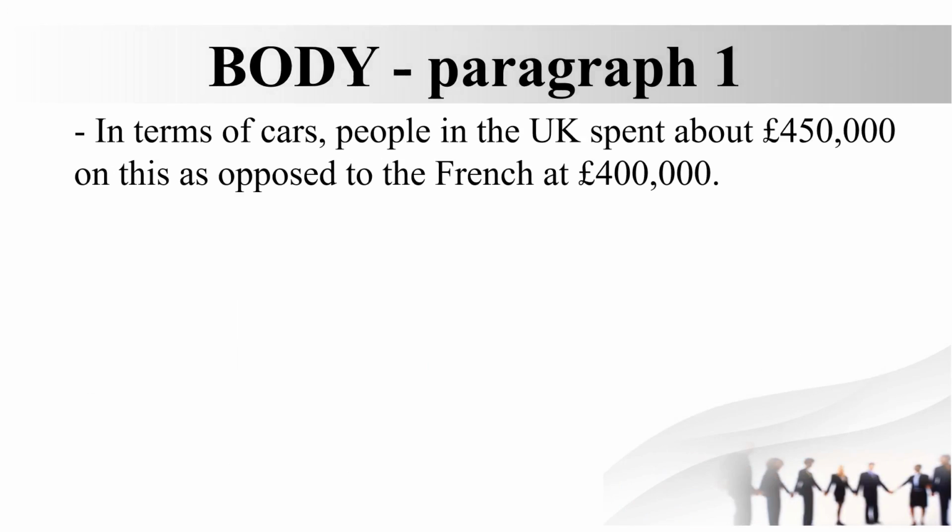So we have the first statement like this: In this term, of course, people in the UK spend about 450,000 pounds sterling on this as opposed to the French at 400,000 pounds.